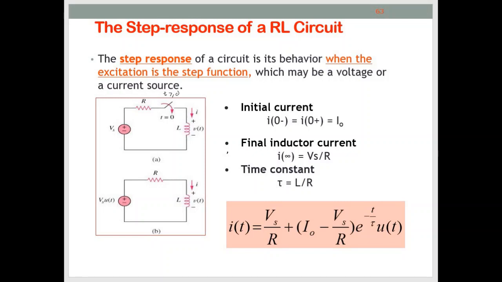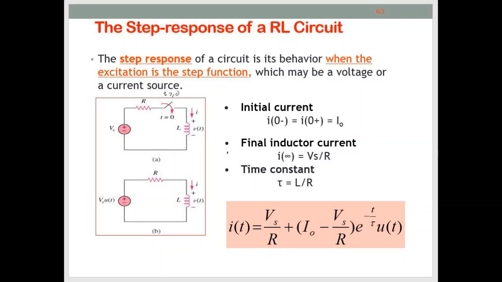or v equals L di/dt, but this is the current. Current is the parameter that we are interested to find first. When t is less than 0, or when t equals 0, the initial current is symbolized like this one.